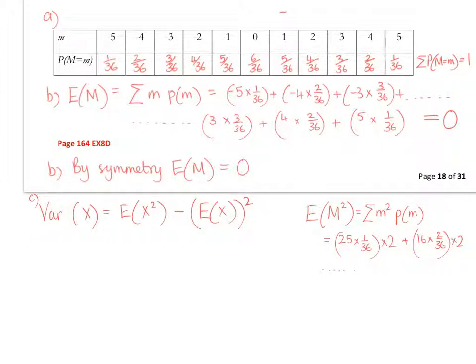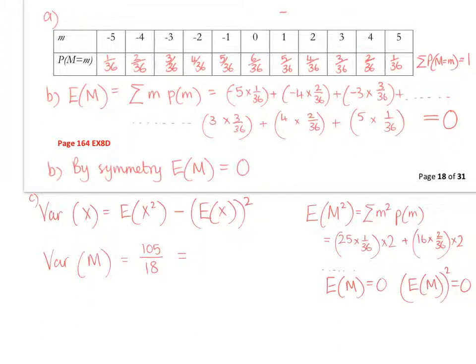And then if we work out E of x, which we did before, so that was E of m equal to 0, so E of m all squared is still going to be 0. So the variance of m, once you do all the calculations, if you pop that in, you get 105 all over 18.